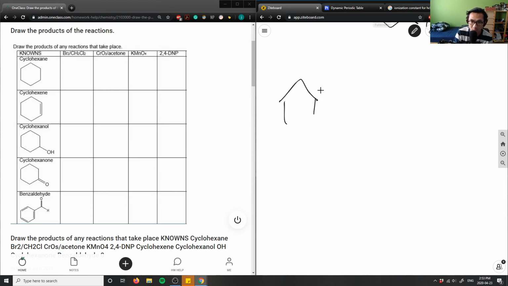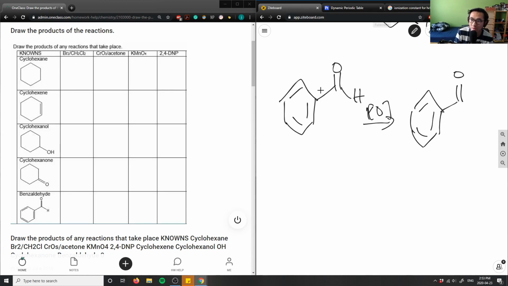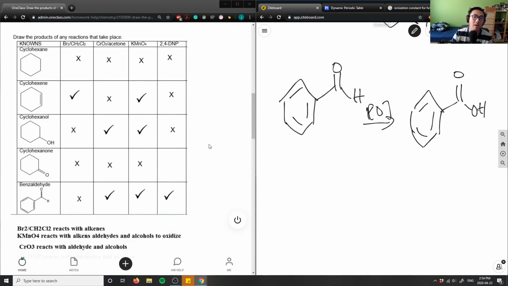You get a benzene ring with a carboxylic acid, like so. And with 2,4-DNP, because I do have a carbonyl group, I will make my red and orange precipitate. So let me look at the answer here. And this is correct.